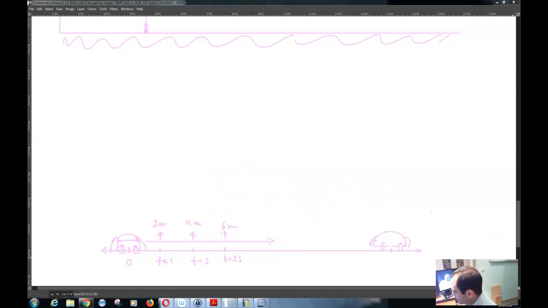In that case, S is equal to 2t, and you could write this as y is equal to 2x, and that would be this line over here.